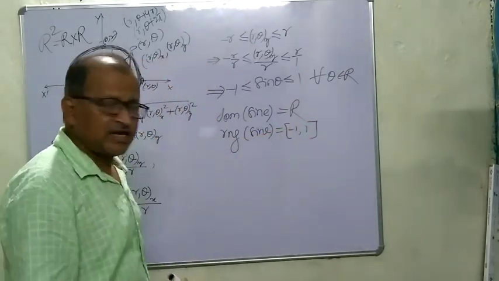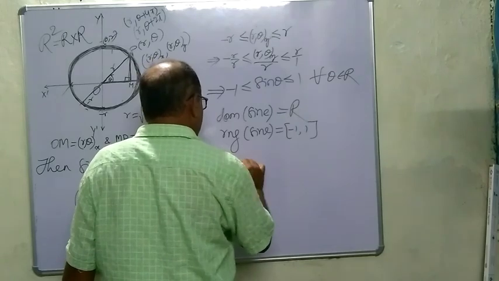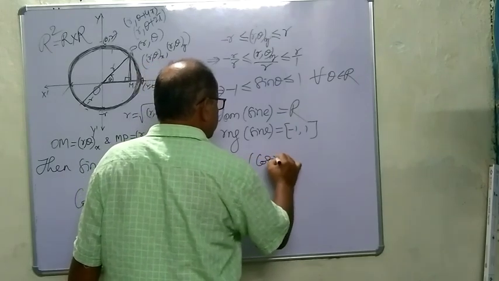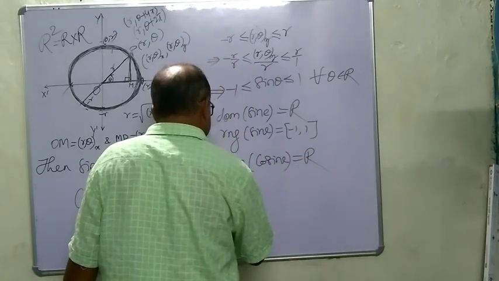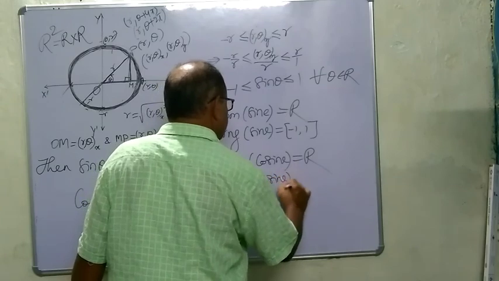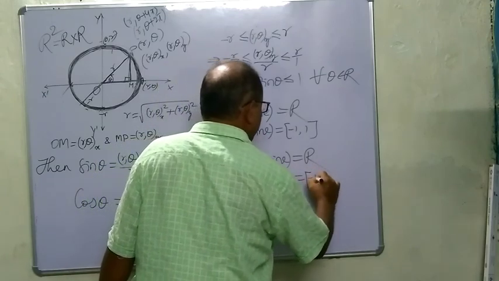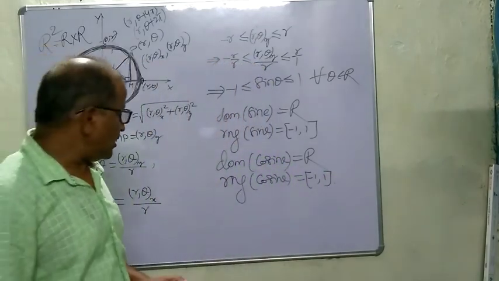Similarly, you can check the domain of the cosine function. This is R, and the range of the cosine function is similarly minus 1 to 1.